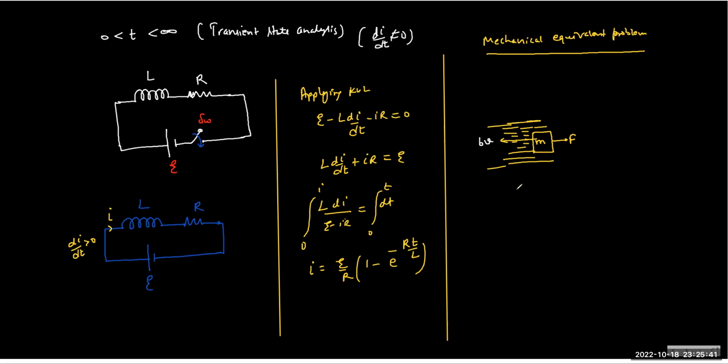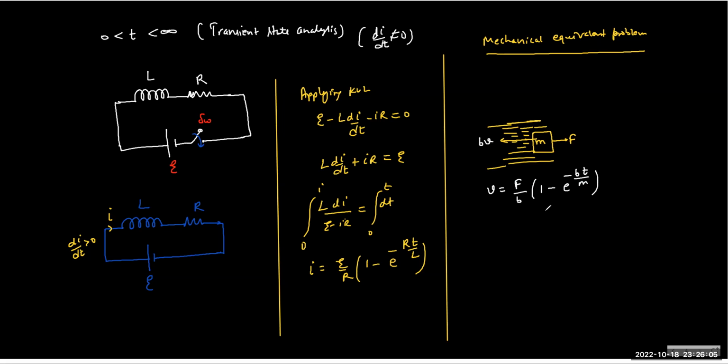So if I want to derive the formula of velocity as a function of time, what I can write is, you can see E by R. What is E? Force. R is B. So, 1 minus e to the power minus Rt by L. Can you see this?